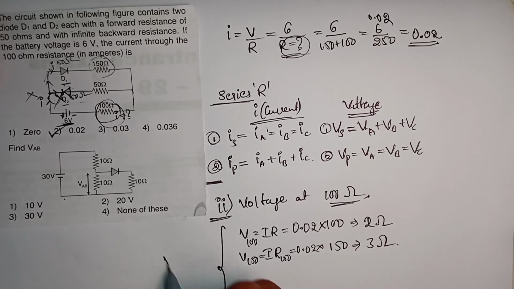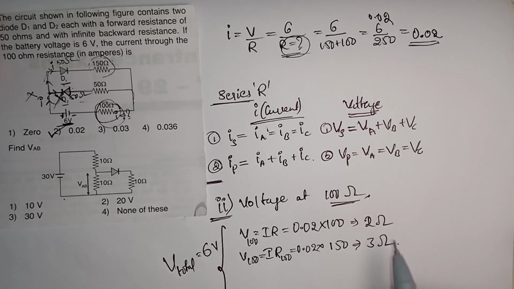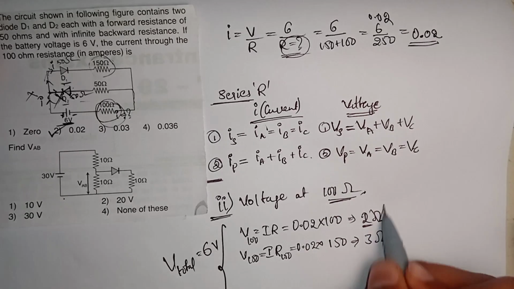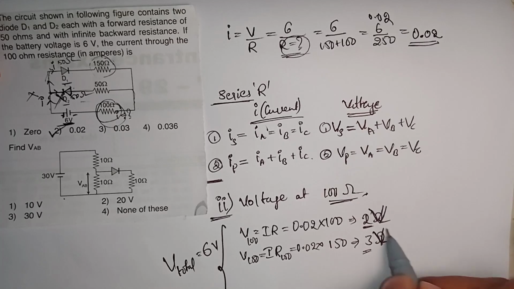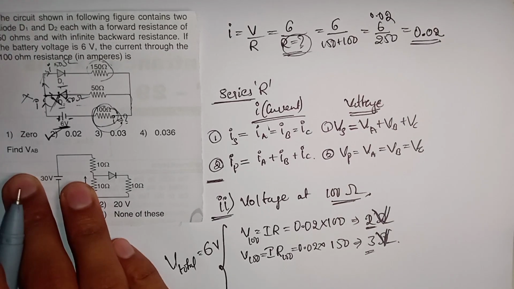See here, the total voltage given is 6 volt, but we got 2 volt across the 100 ohm resistance and 3 volt with the 150 ohm. Where is the other voltage we got last?